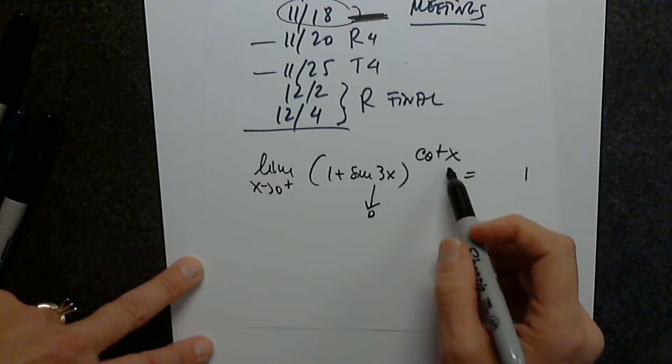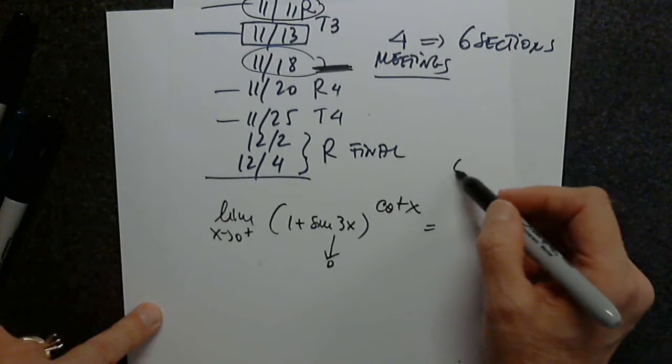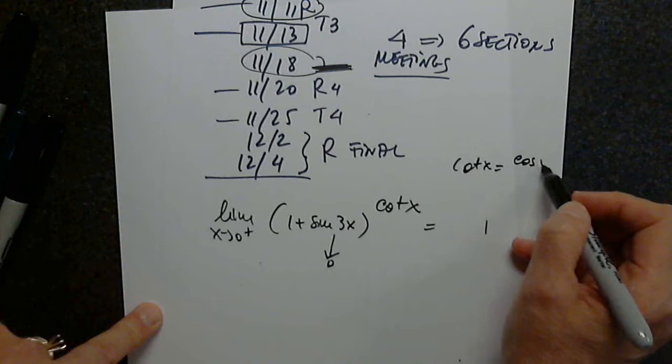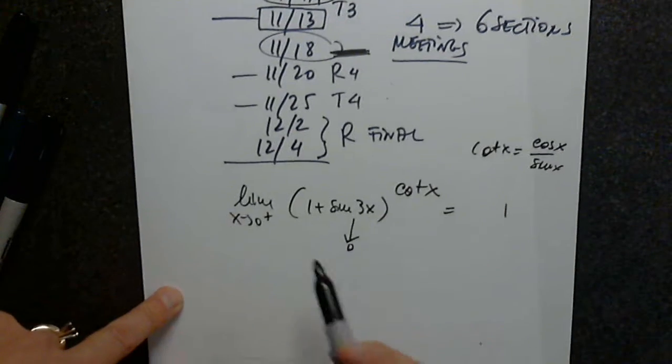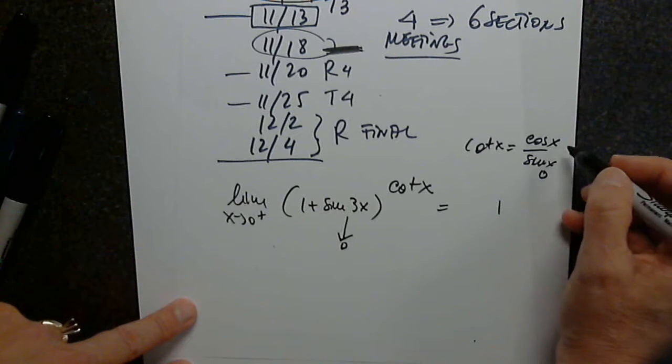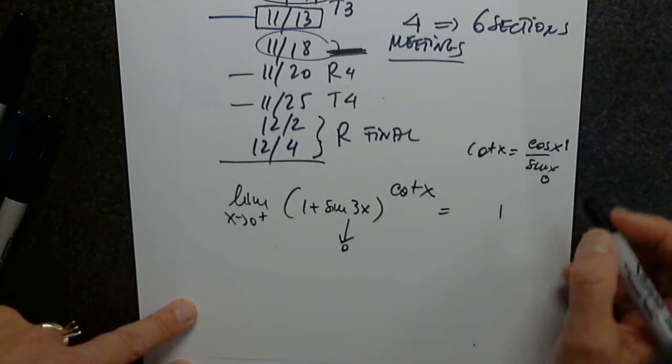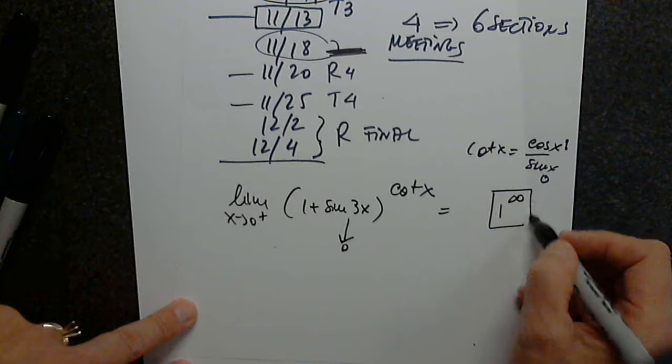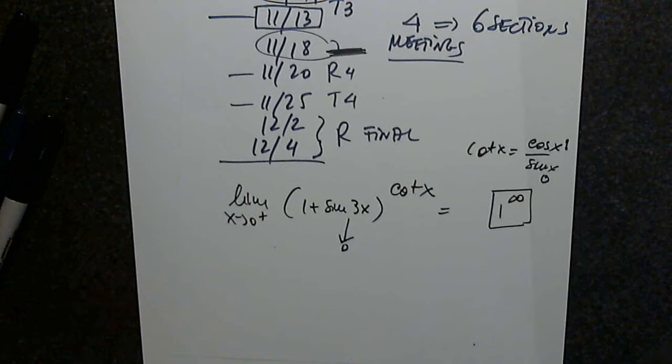And cotangent, remember, is cosine over sine. On the right-hand side of 0, sine is 0, positive, and cosine is 1. So this will be 1 raised to infinity. So it's one of the indeterminate powers, and it's ugly, of course.